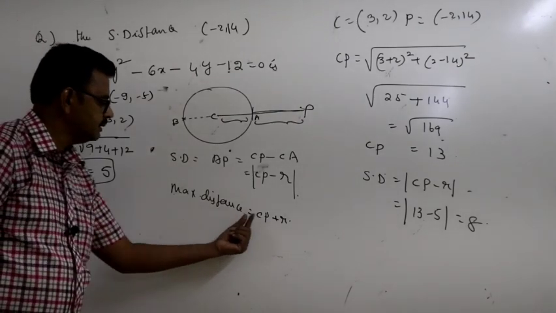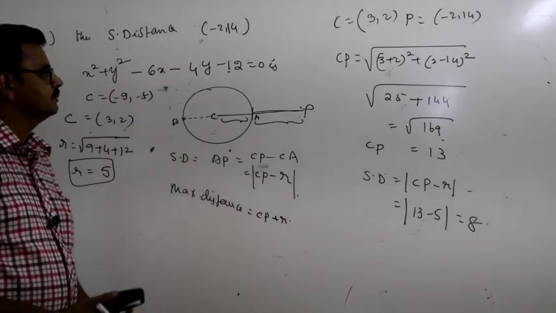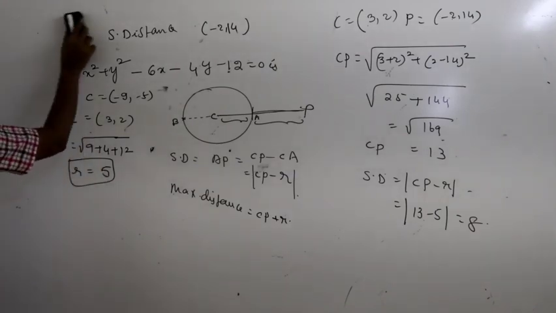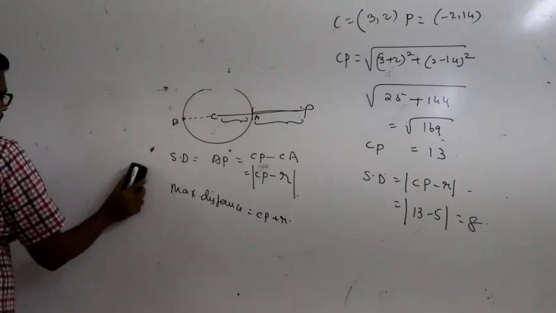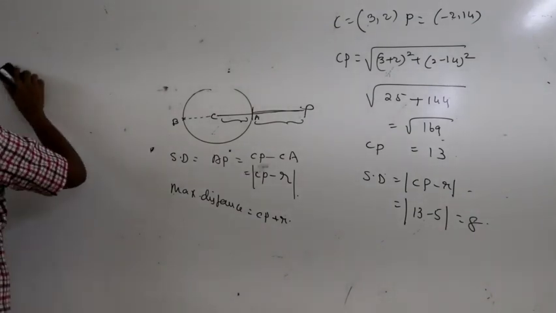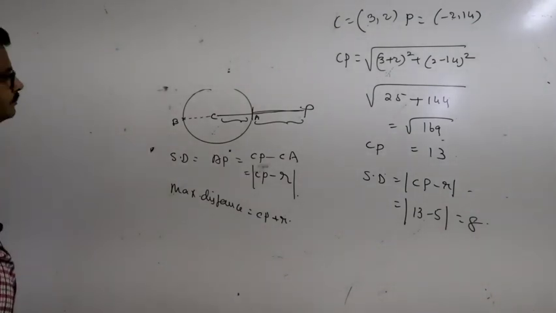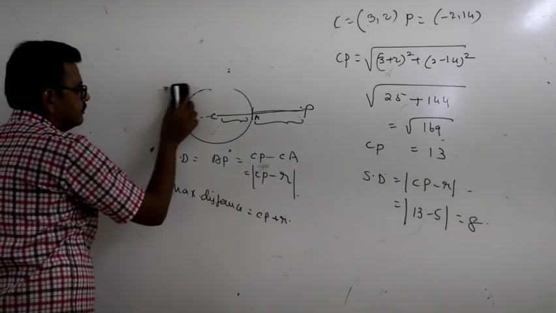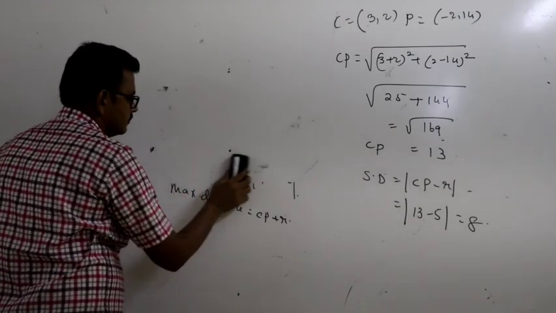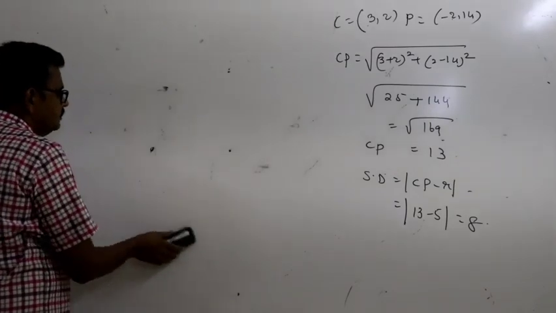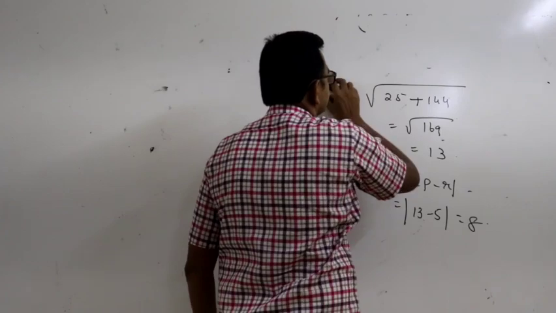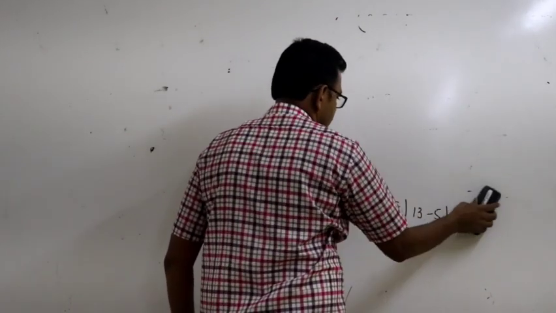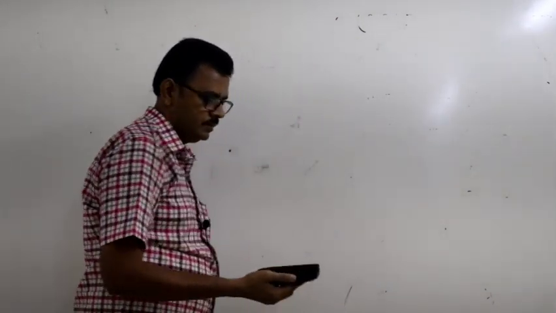So maximum distance is CP plus R. Right, on to the next problem.